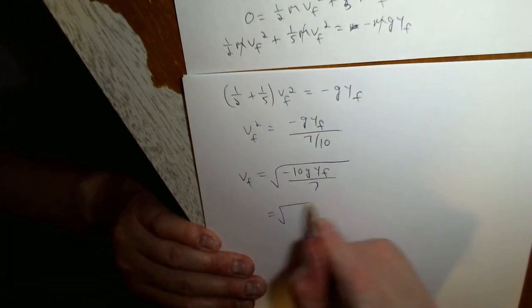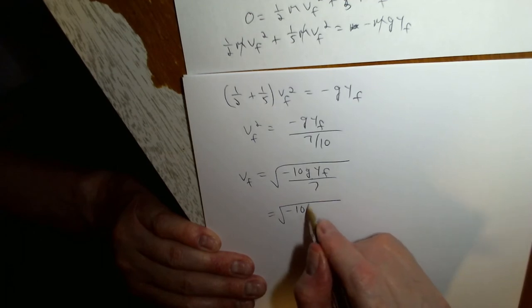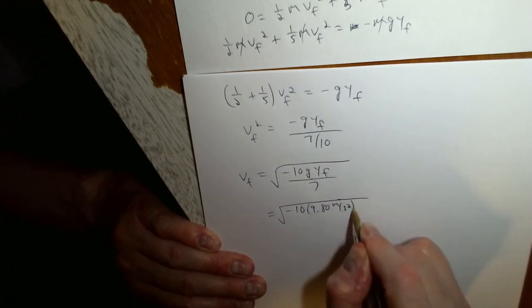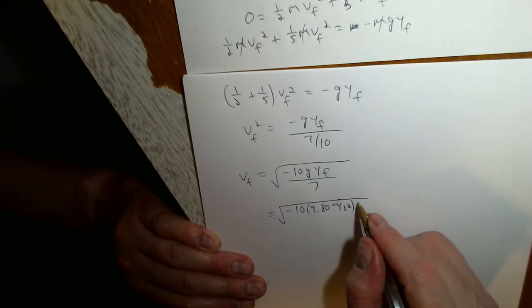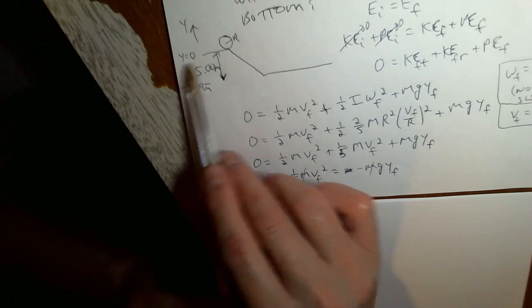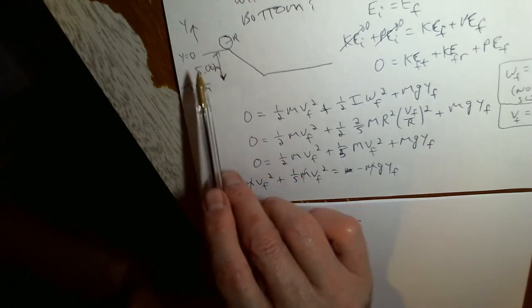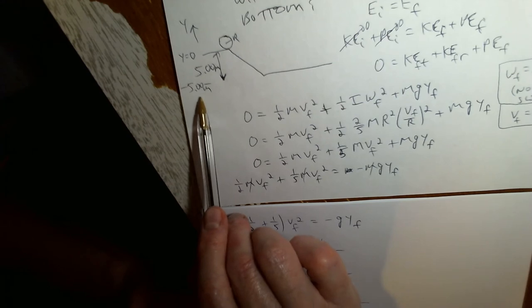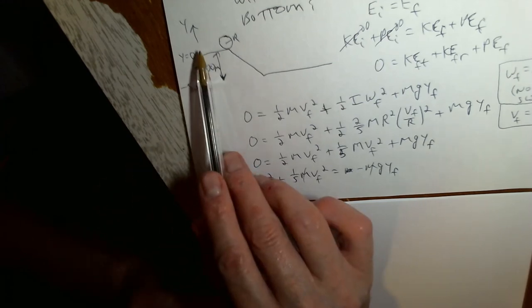So this is square root of minus 10. g is 9.8 meters per second squared. And y final is, remember, negative 5 meters because I chose the top to be y equals 0. So the bottom is negative 5 meters because y increases up, so it decreases down.